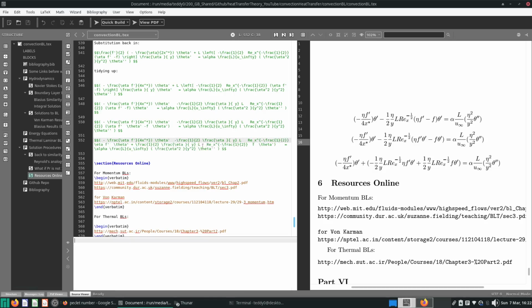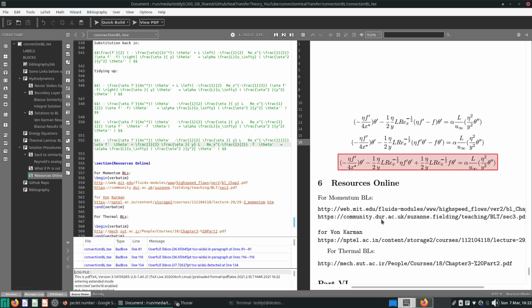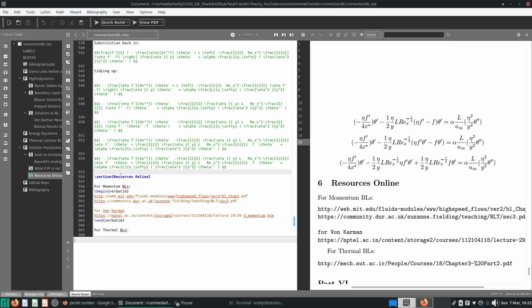Let's remove the brackets. And let's see what we can do about the terms together. It looks a bit messy, but let's see what eta over y is. We will try and combine these two terms together. So we factorize out the eta f prime theta out.